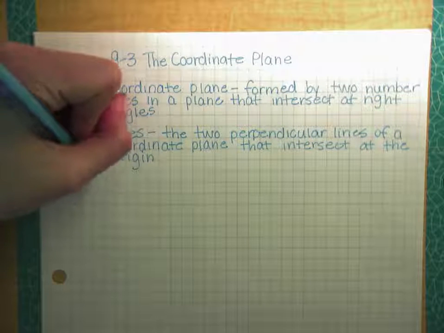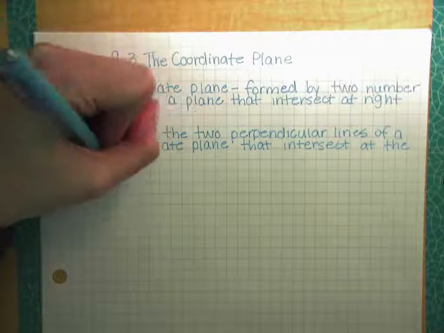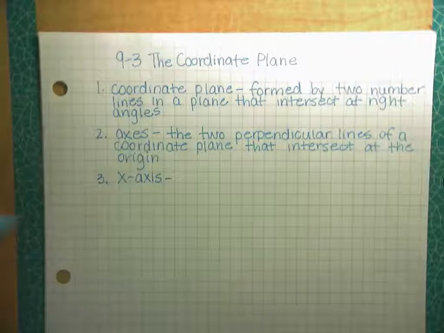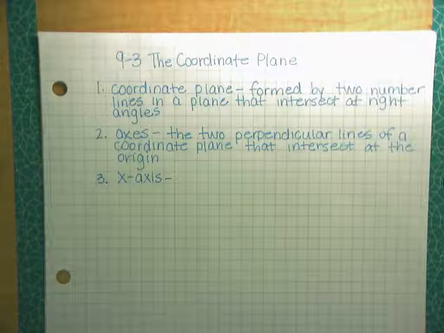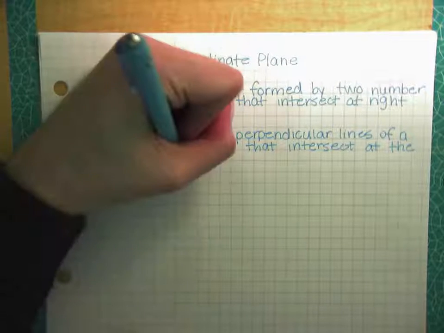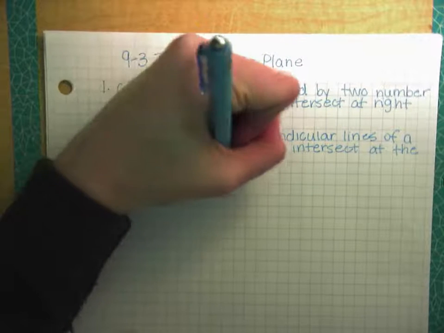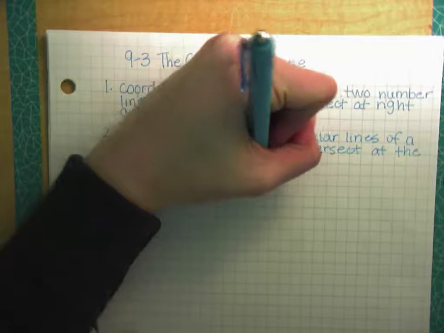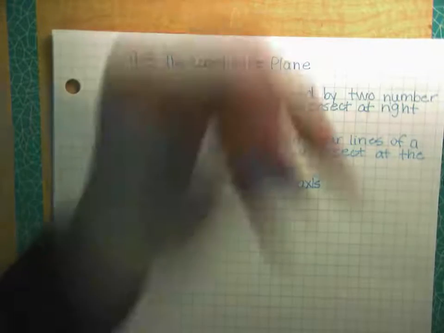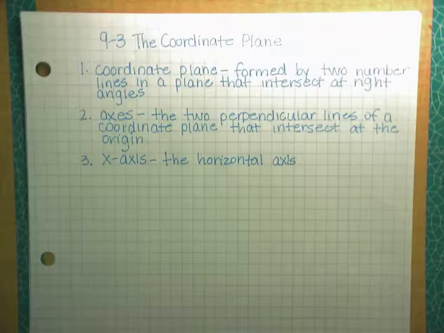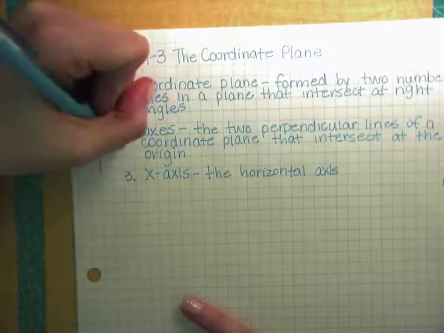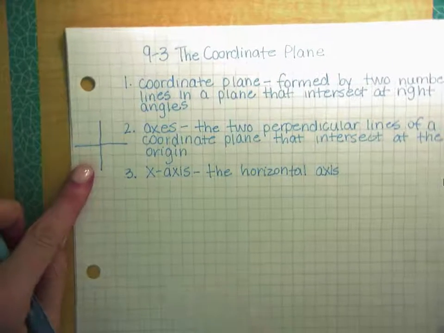Alright, so the next term is the x-axis. And the x-axis is going to be the horizontal axis. The x-axis is the horizontal axis in the coordinate plane. So our coordinate plane basically looks like this.